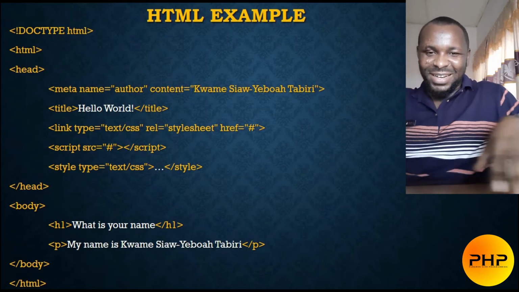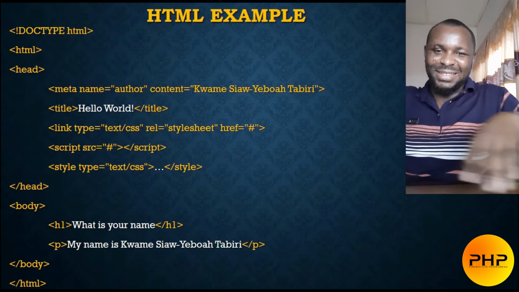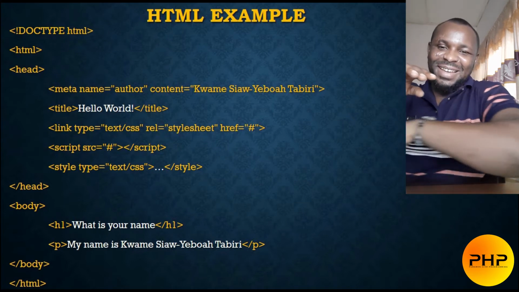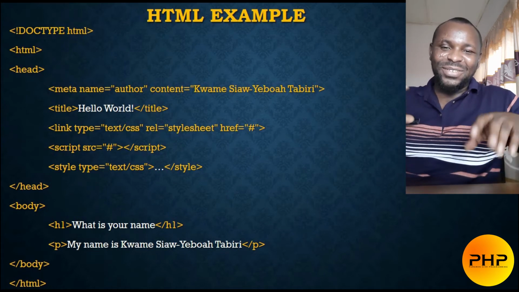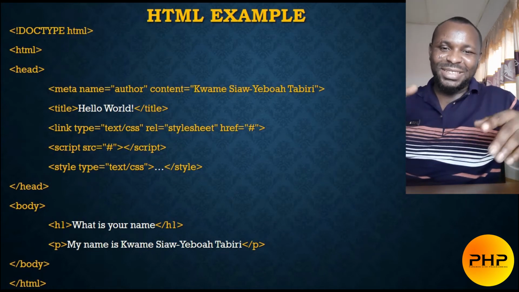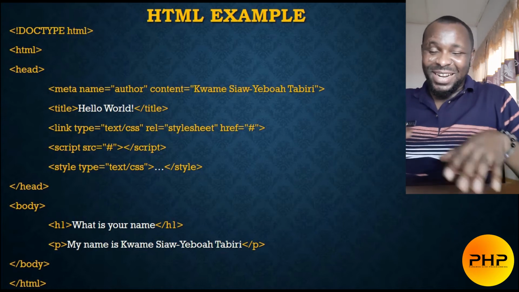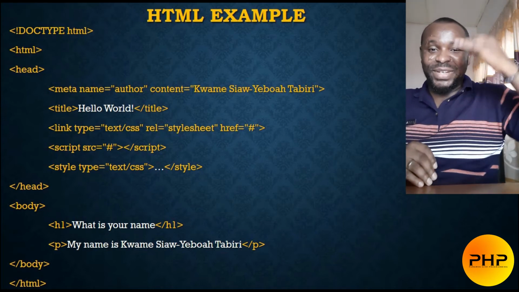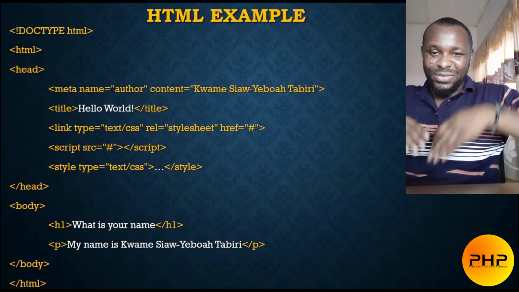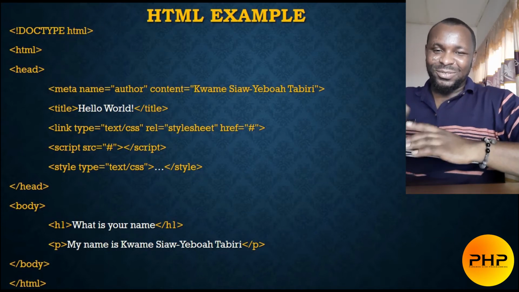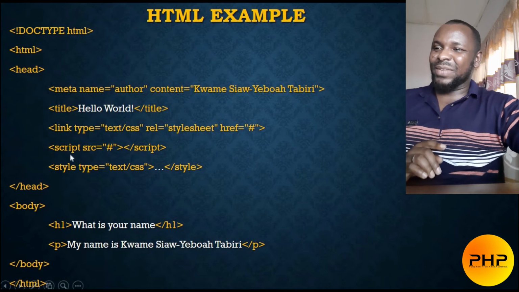Then the footer, that is below, the last division of the website. Then you see some post office addresses and other things defined in there. That is the footer. So that is the structure of HTML. We have the head, the body, then the footer too. Do you get it? So the same thing applies to what we have here.